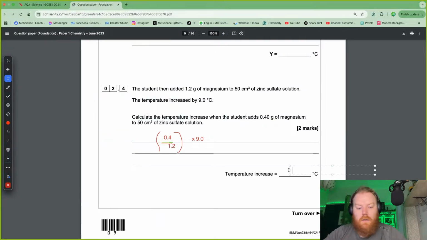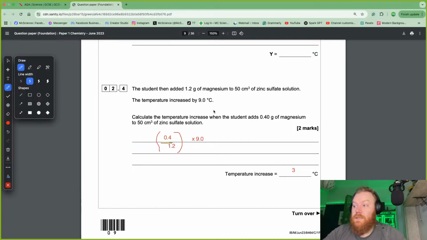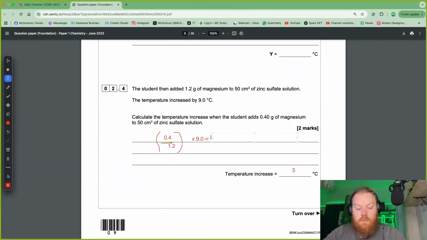So again, we would write the 3 down there if we can. And again, like I said, it might be that you have done the equation here and you've put 3.0 there. Generally, most exam boards will accept this as well as the definitive answer of your equation.